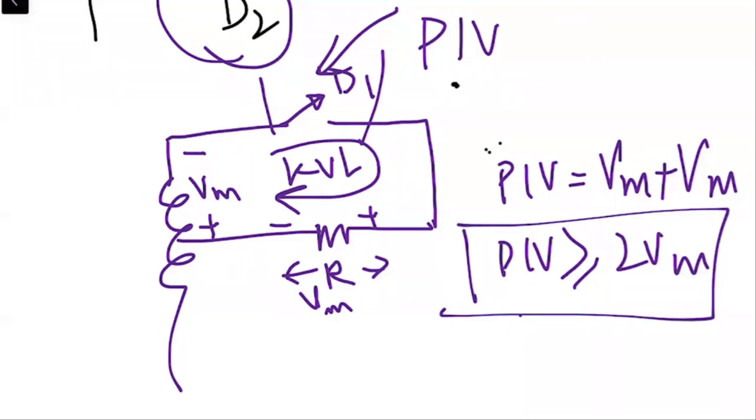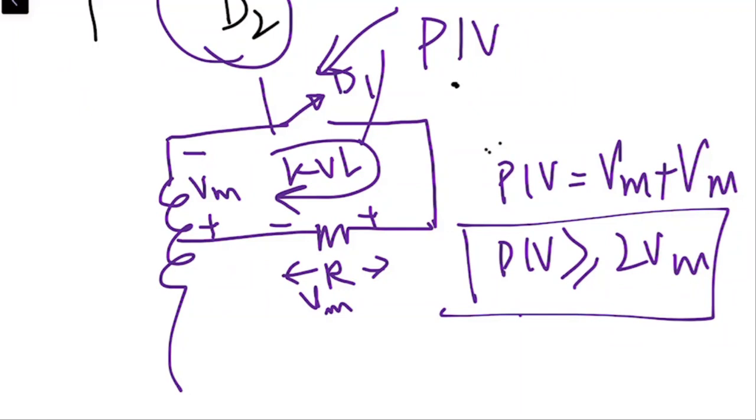Yes, sir. Okay. So what we have seen up till now is that in case of the center tap rectifier circuit, we need a greater PIV or PRV value for the diodes as compared to the bridge rectifier circuit.